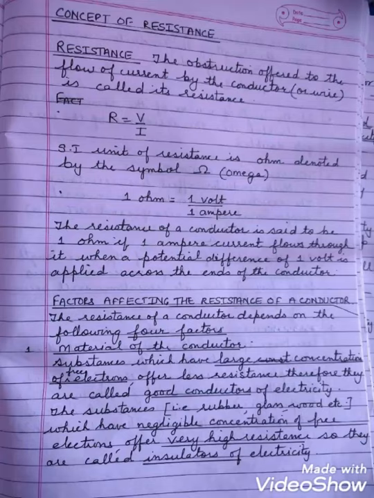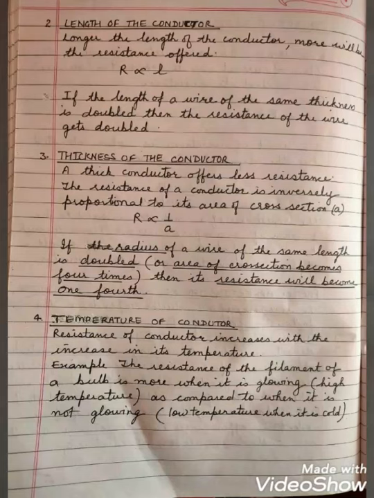The substances like rubber, glass, wood, etc., which have a negligible concentration of free electrons, offer very high resistance to the flow of electrons, and they are called insulators of electricity.